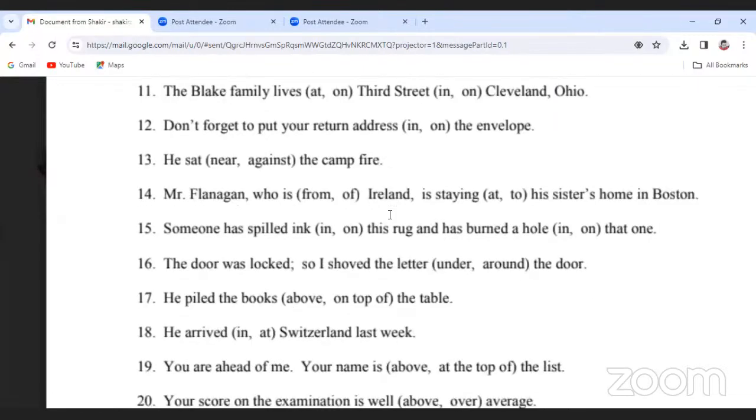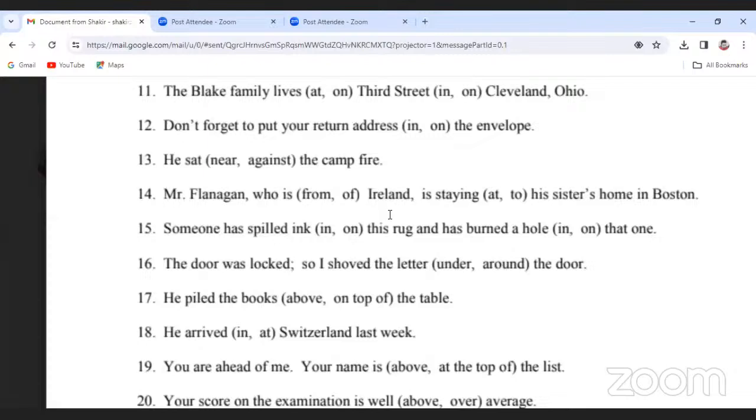He arrived dash Switzerland last week. Yes, he arrived in Switzerland last week. Okay, we move to number 19. You are ahead of me. Your name is dash the list.